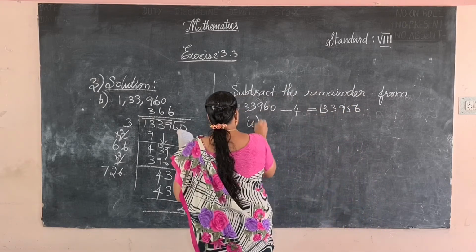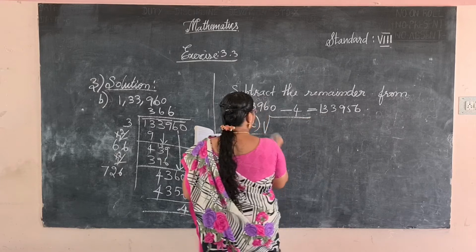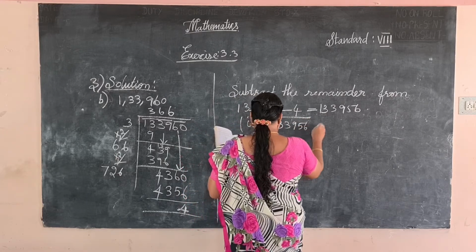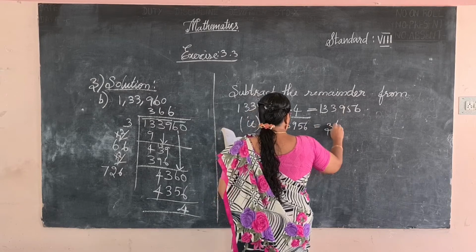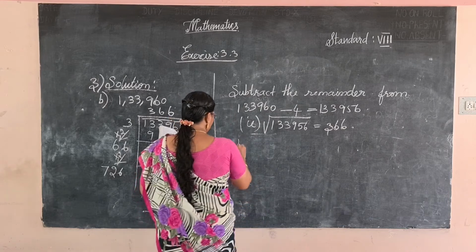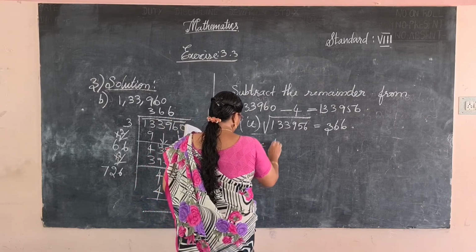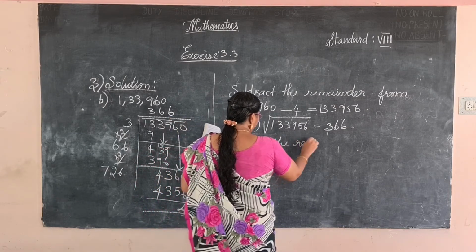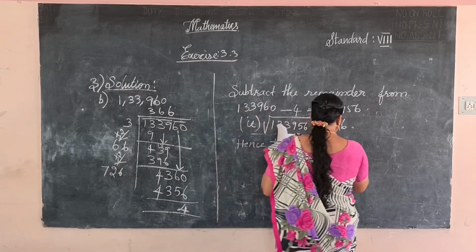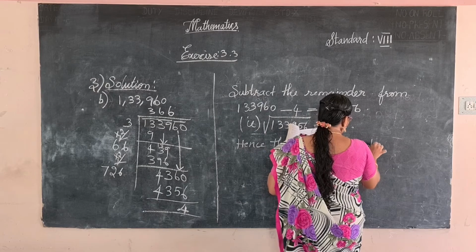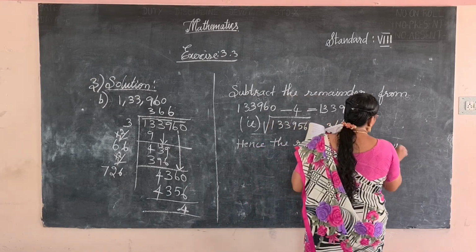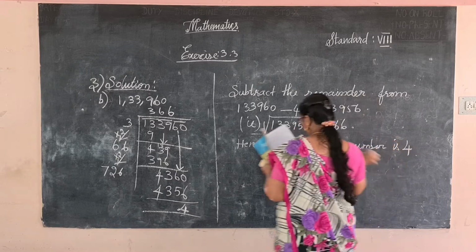That is the square root of 1,33,956 equal to 366. Hence, the required number, record the smallest number is 4.